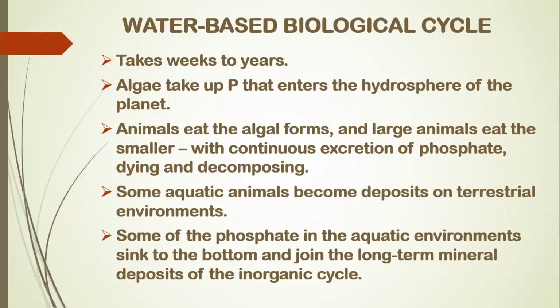And these large animals eat the smaller animals. Big fish eats the little fish. With continuous excretion of phosphate, also the animals die and they go through decomposition. Some aquatic animals become deposits on terrestrial environments. The fish are removed from the ocean and the remains of the fish are integrated with the terrestrial environment.